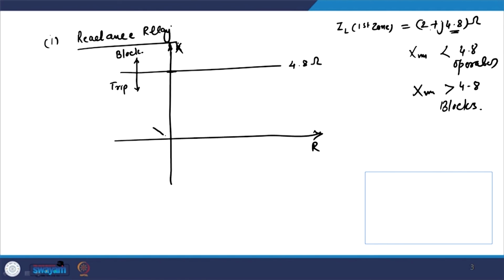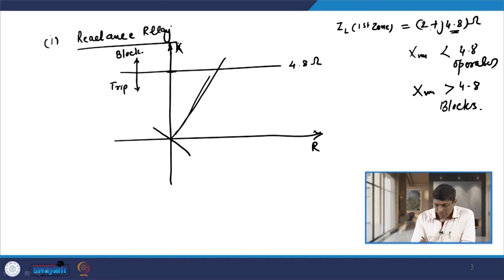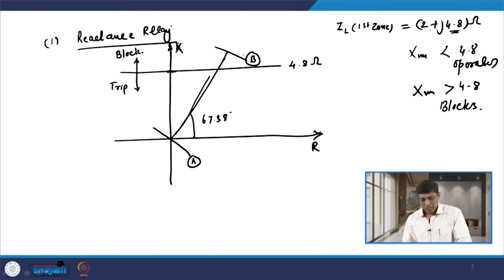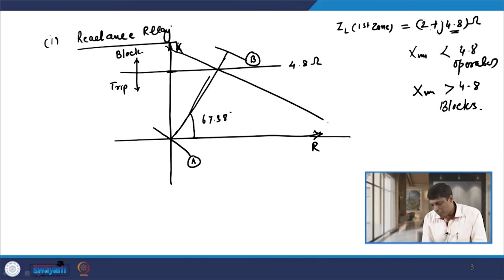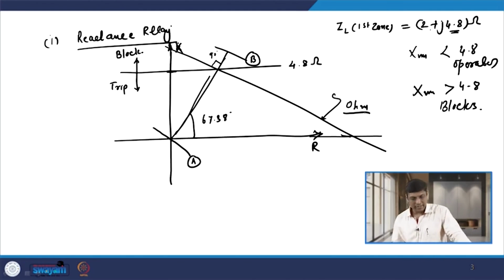The line to be protected is drawn from here, with this angle of 67.38 degrees; this is bus A and this is bus B. Whenever you draw a line from this point such that this angle is 90 degrees, this characteristic is known as the ohm characteristic or angle admittance characteristic.